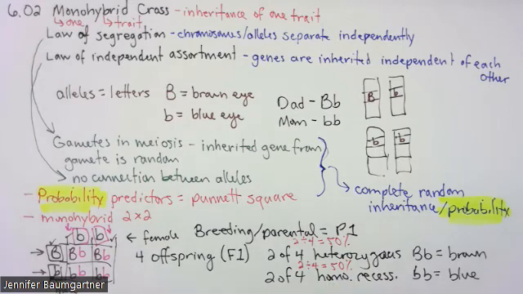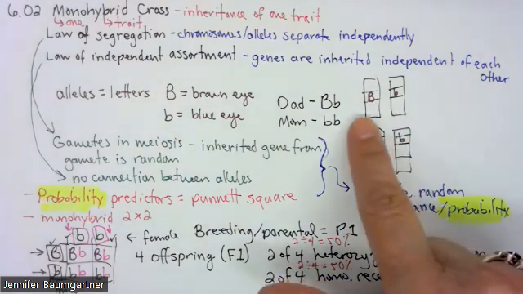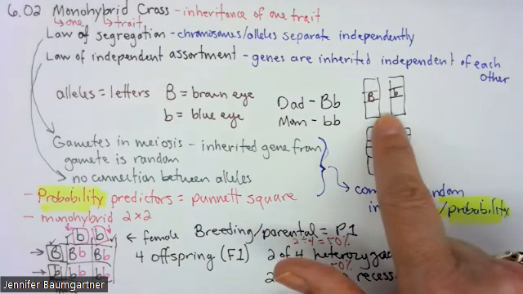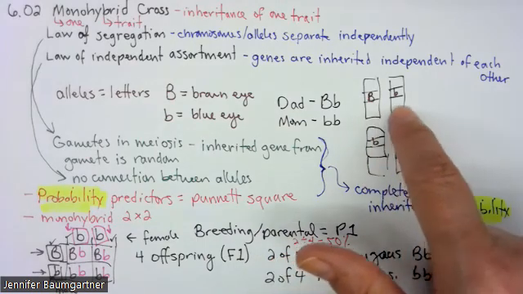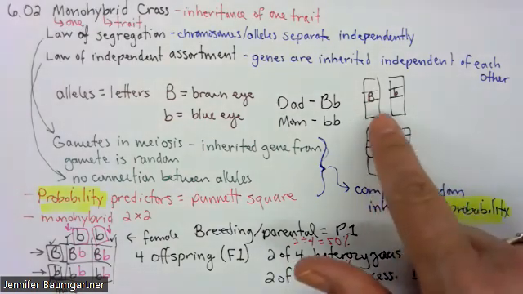So what I want to do in part 2, this is part 1, I want to go over some practice problems. So let's do a quick recap. In meiosis, we've talked about that the chromosomes separate independently. You have as much of a chance of getting this from dad as you do of getting that from dad, and these two chromosomes together won't affect the allele here and the allele here. They're not connected in any way. There's no greater chance of getting this or this.